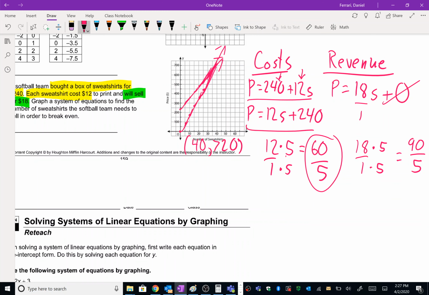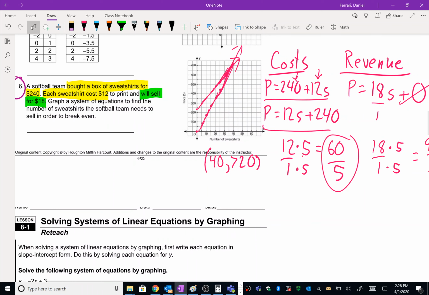My x-coordinate here, in this case the 40, that is the number of sweatshirts, and the 720 is the price. So at $720, my costs and my revenue are even. They are the same, okay? So that means that if I want to break even, I need to sell 40 sweatshirts.